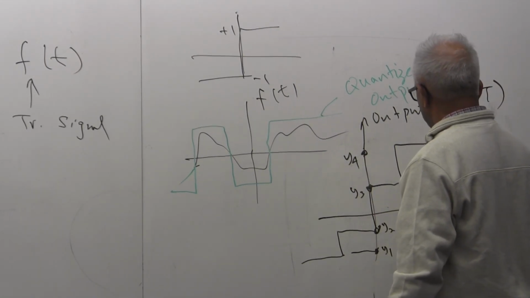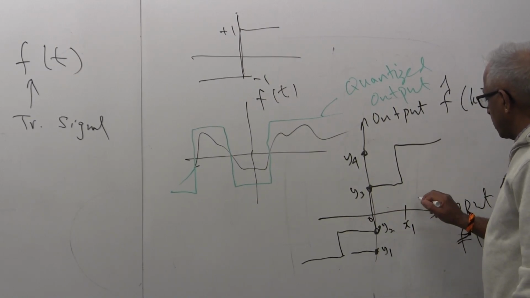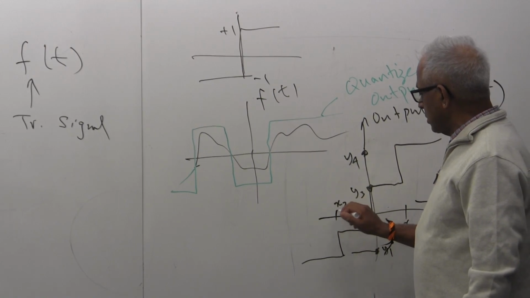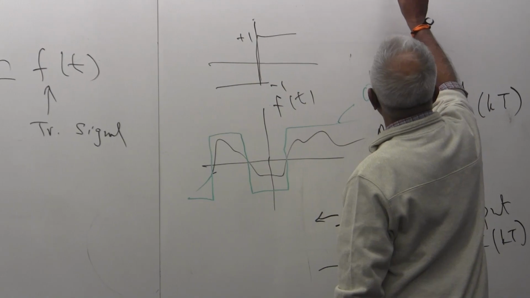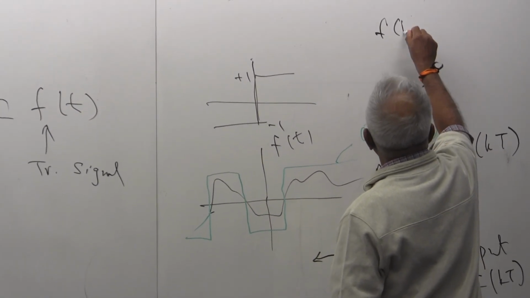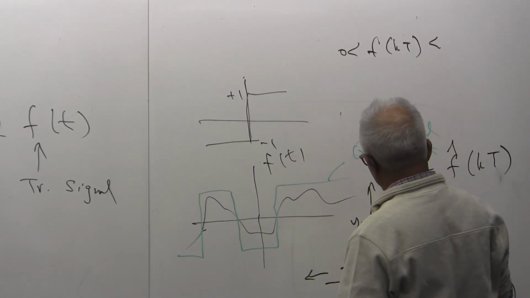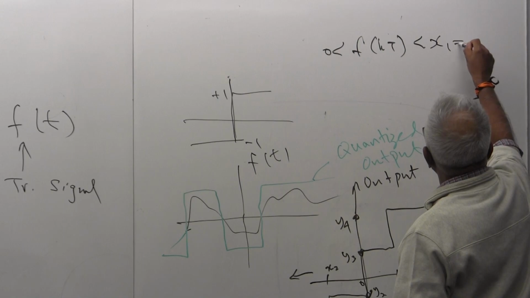Algorithm is, here you have 0, x1, then everything beyond x1. This is x2, everything beyond. So if the input is between 0 and x1, what will be the output?